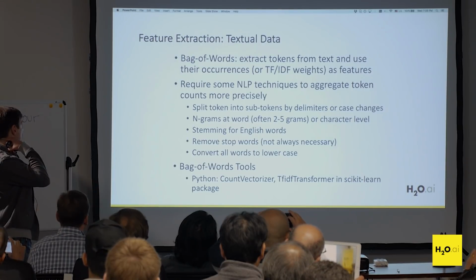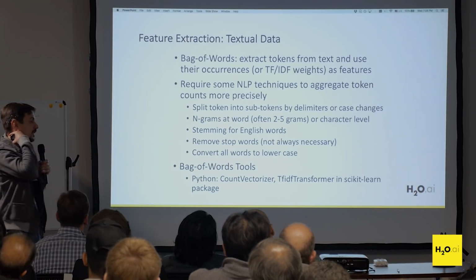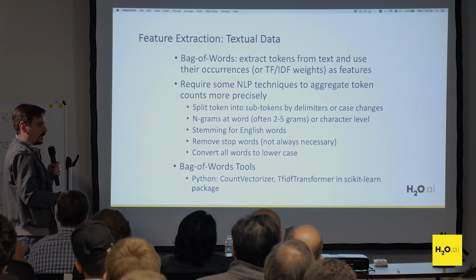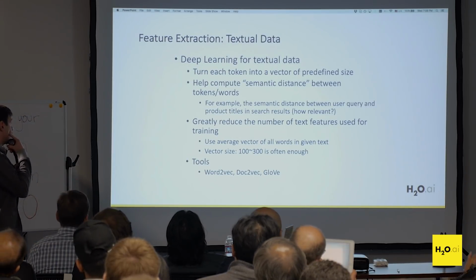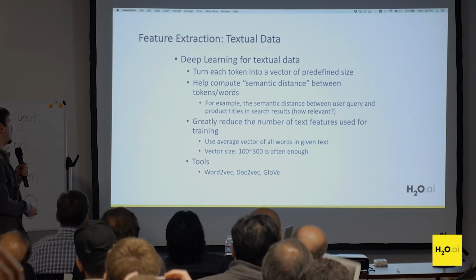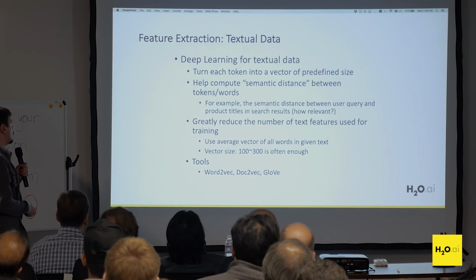For textual data, the classical approach is bag of words, obviously, but we all know that, so I won't stop here. Of course, you can use deep learning for that as well, especially word2vec or doc2vec embeddings.